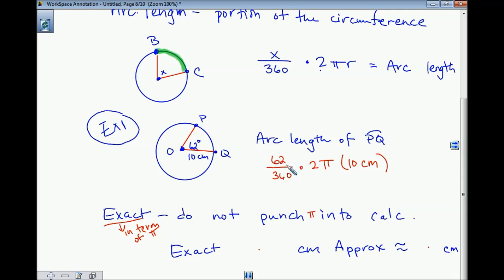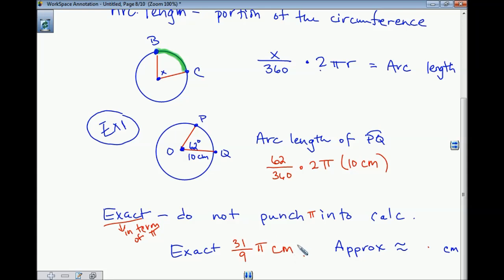So we would just do 62 divided by 360 times 2 times 10, and that would give us 31 ninths. Since we left pi out, we have to add it back in here. So the exact answer would be 31, I think I said 32 a moment ago, 31 ninths pi centimeters.